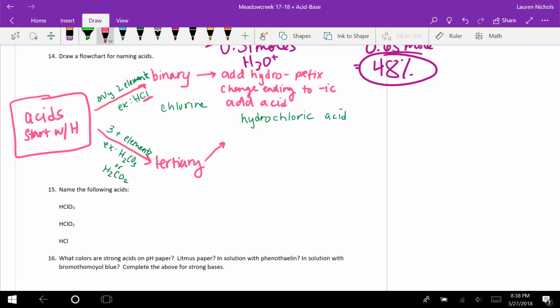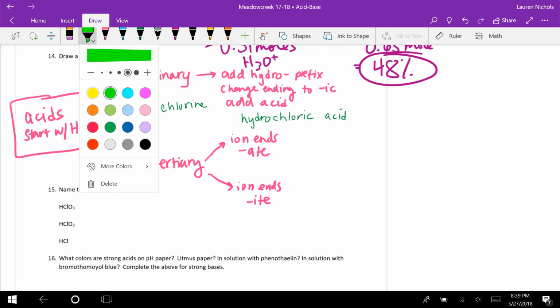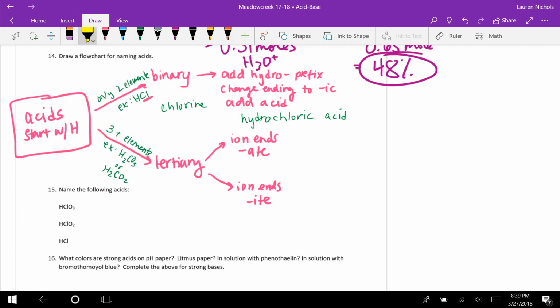You have ones where the ion ends in ATE, and you have ones where the ion ends in ITE. Now, the way you know that is by looking on the back of your periodic table where the common ion thing is. And if you look on the back of your periodic table and find it, you'll see that CO3.